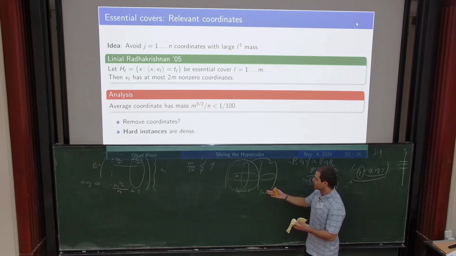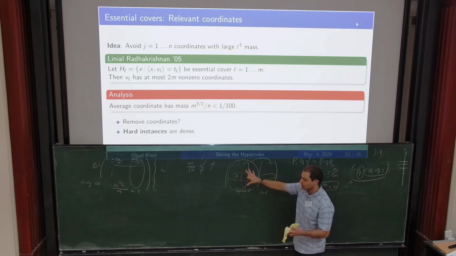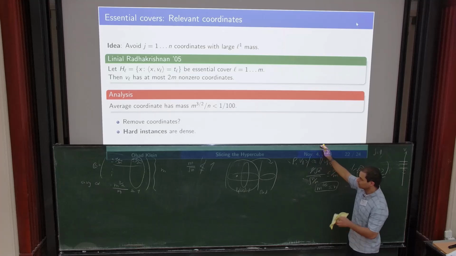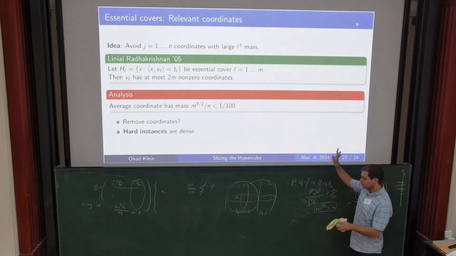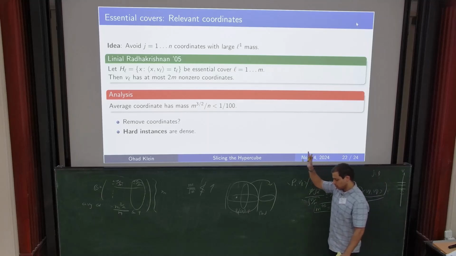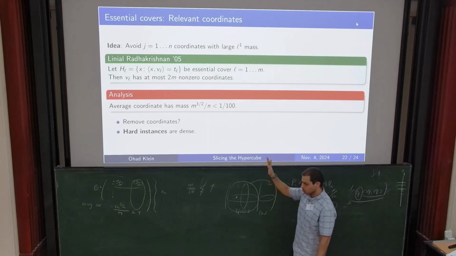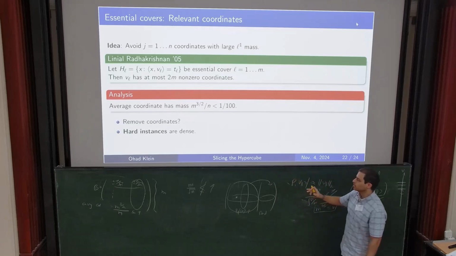Then you apply everything on this set of good columns. So this is really not very important. There is something specific about essential covers that allows you to remove bad coordinates.